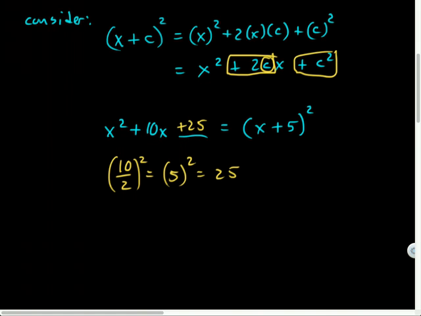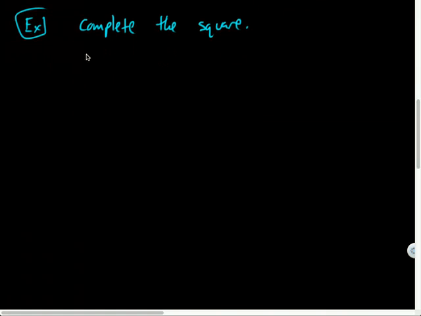So that's the idea. Let's actually do some examples of completing the square. Let's do a few of these coming at you. What if I have x squared plus 6x?